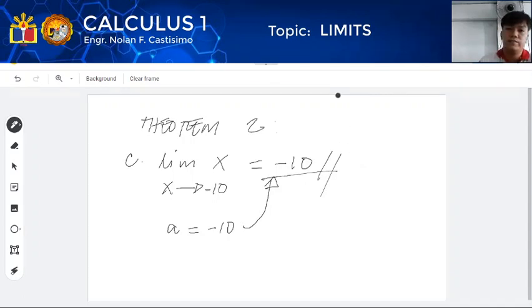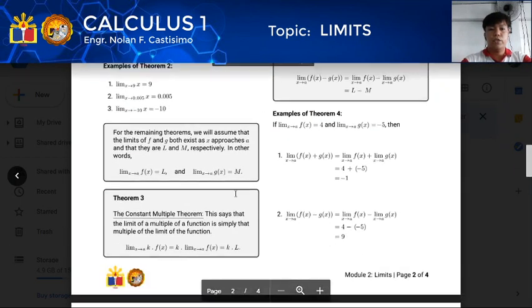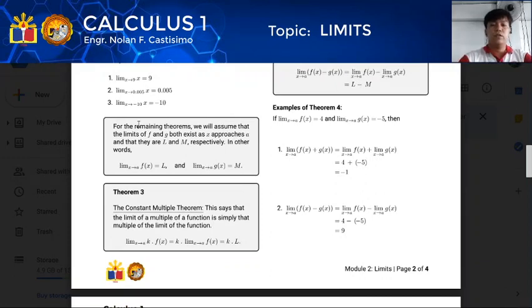Okay, next. We have the Theorem 3. But before that, for the remaining theorems, we will assume that the limits of f and g both exist as x approaches a, and that they are L and M respectively.